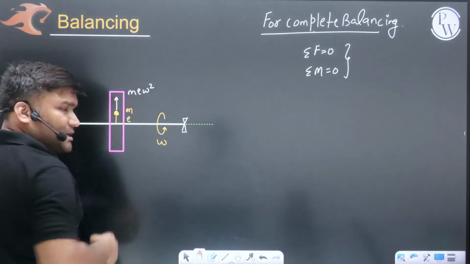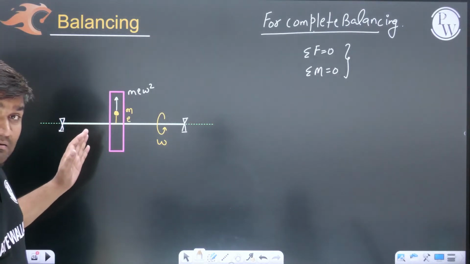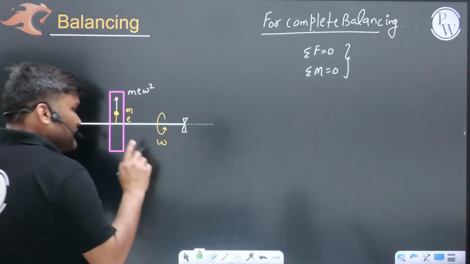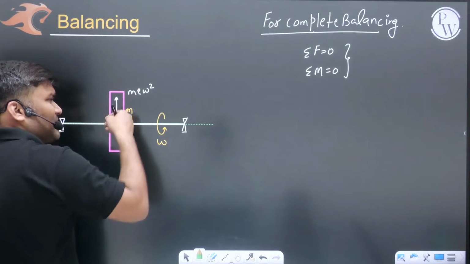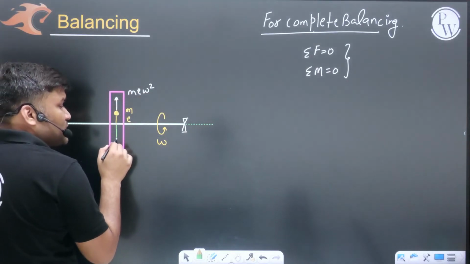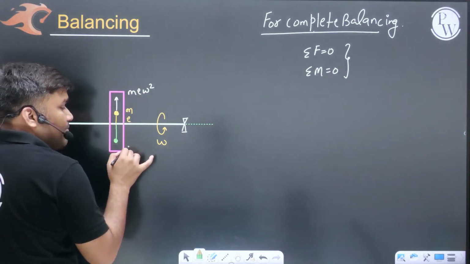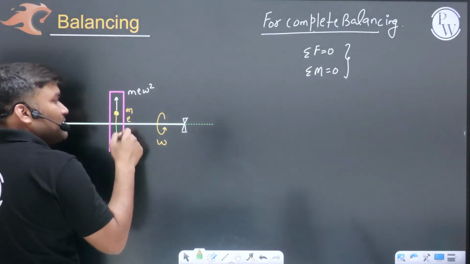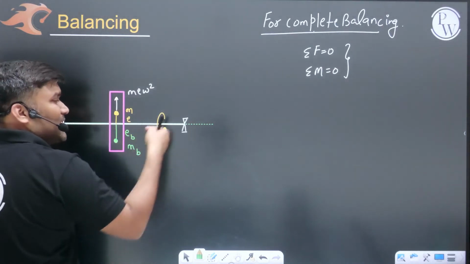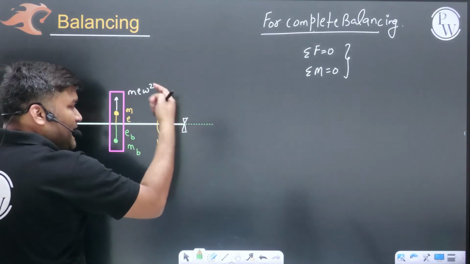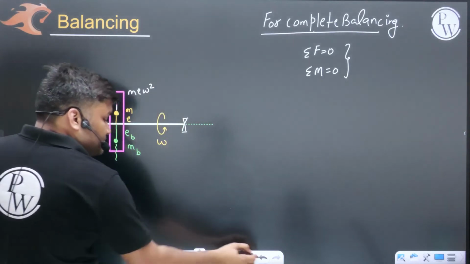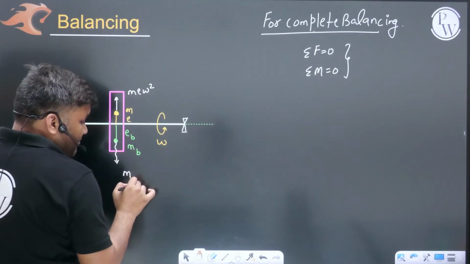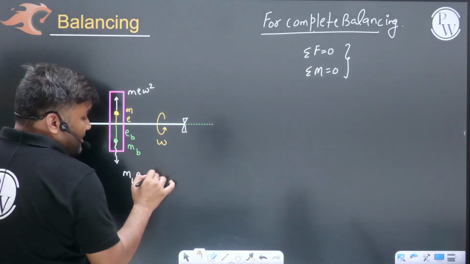To balance this kind of problem, at the back side of this unbalanced mass, I will put some balancing mass, m b, at some distance e b, in the same plane, so that once it rotates with omega speed, it will also create a centrifugal force m b e b omega square.